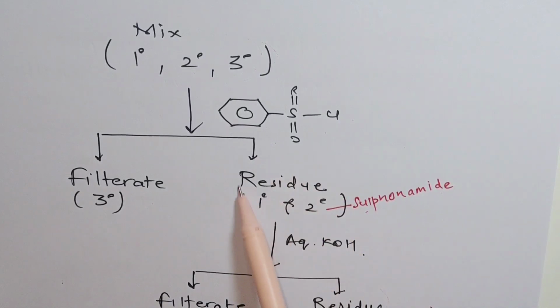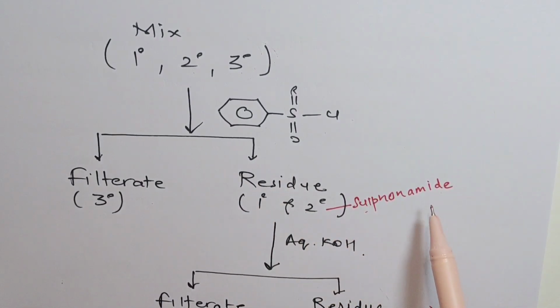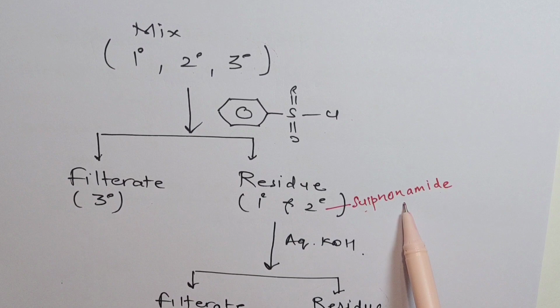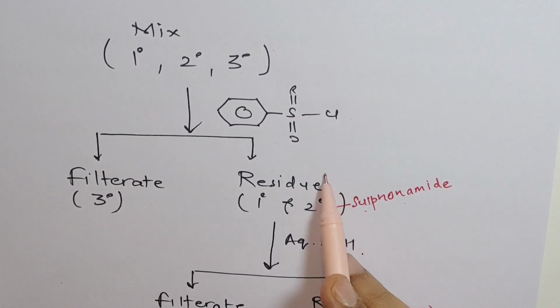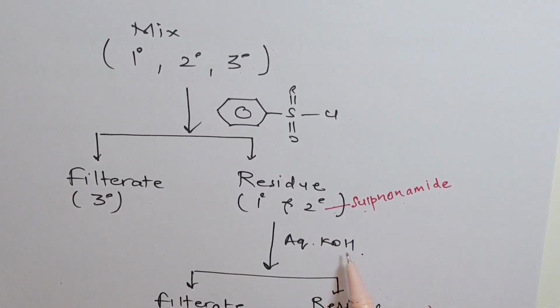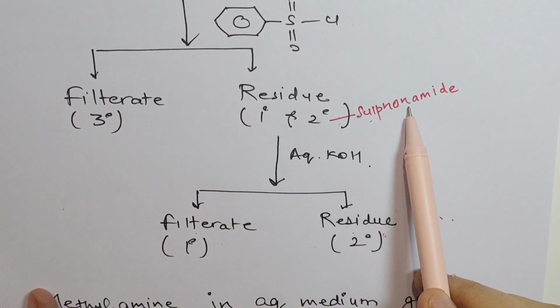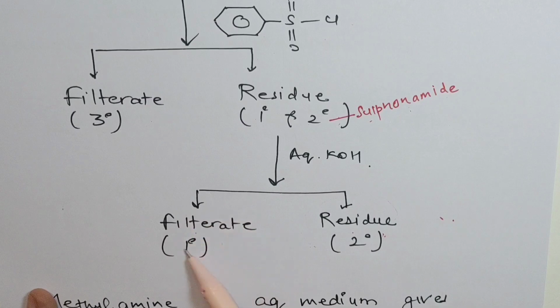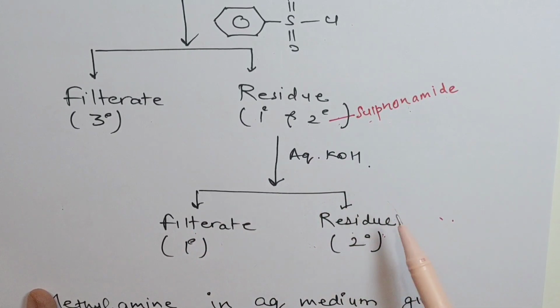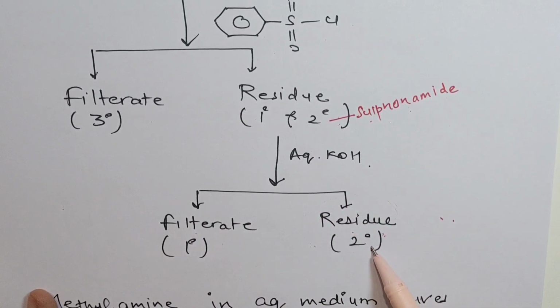Now the residue contains primary and secondary sulfonamide, and we know that primary sulfonamide is soluble in alkali. So now we treat this residue with aqueous KOH, which would dissolve the primary sulfonamide, and therefore it would appear in the filtrate, and the secondary sulfonamide would remain insoluble, so therefore it would appear in the residue.